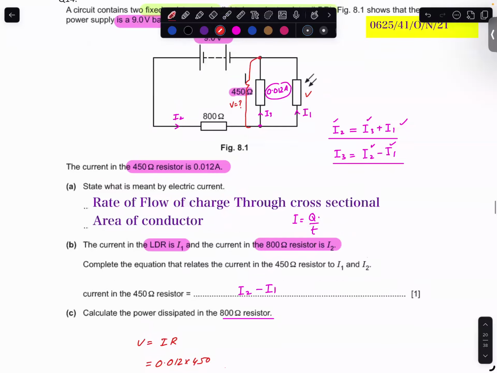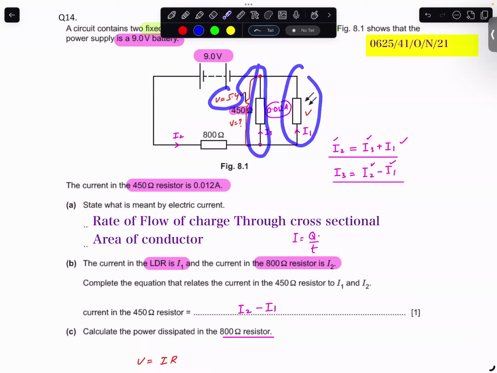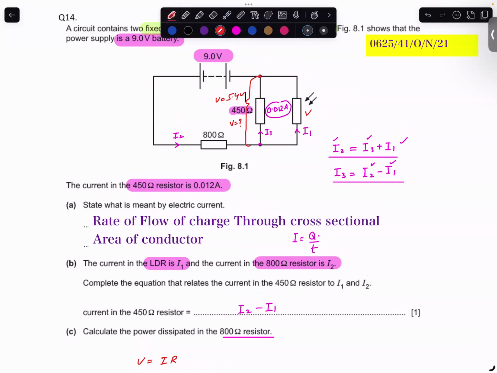So in this region, the voltage drop will be equal to 5.4 volt, and this voltage drop is in this region as well as in this region. So out of 9, 5.4 is dropped in this part of the circuit. The remaining voltage, 3.6 volt, will be across the 800 ohm resistor.